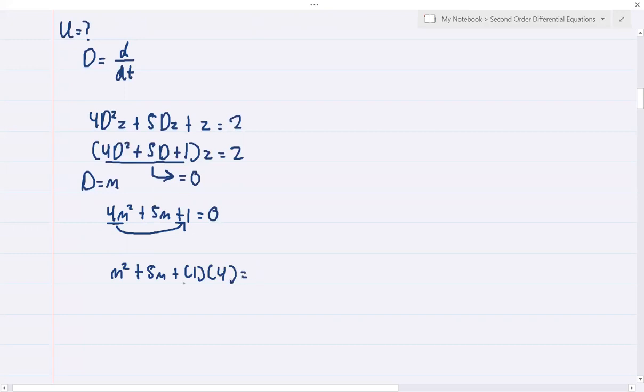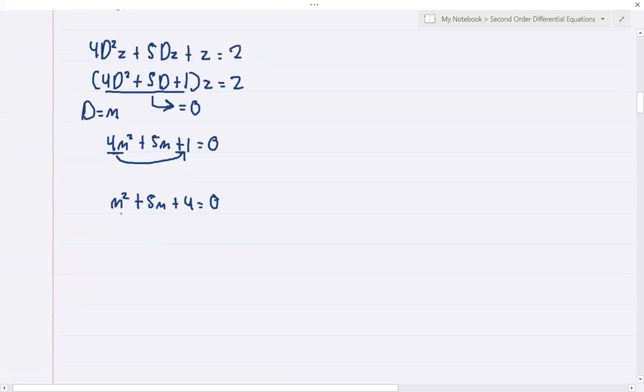Since I have 1 times 4, I will have 4 as a result. What I'm going to do is find the factored form of this expression. The factored form will be m plus 4 times quantity m plus 1.